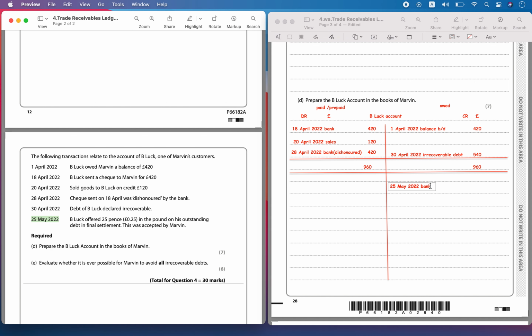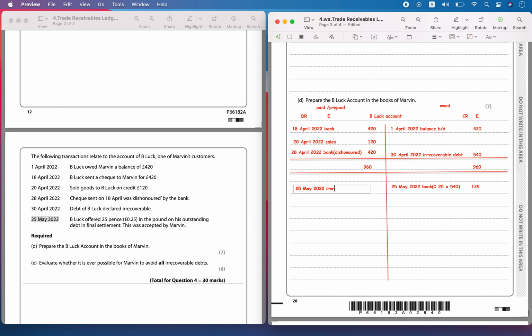There was a bank, and he paid 0.25 times 540, so that is going to be equal to 135. 0.25 times 540, and this one you are going to transfer to the irrecoverable debt recovered.